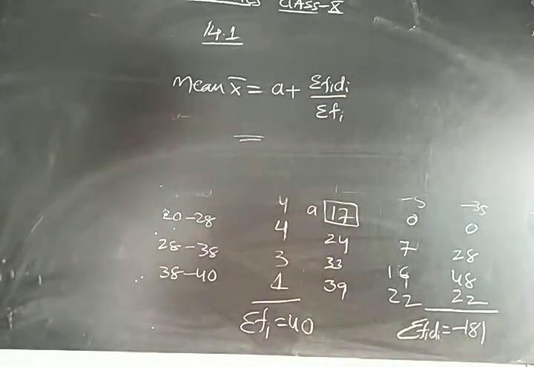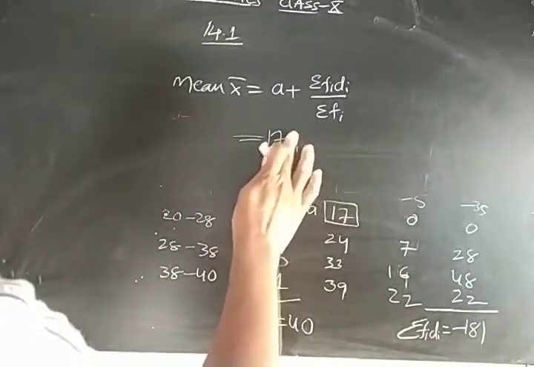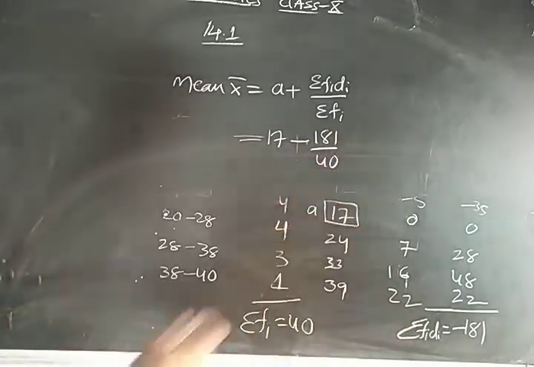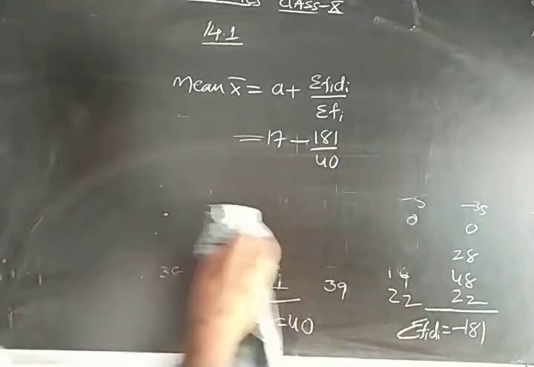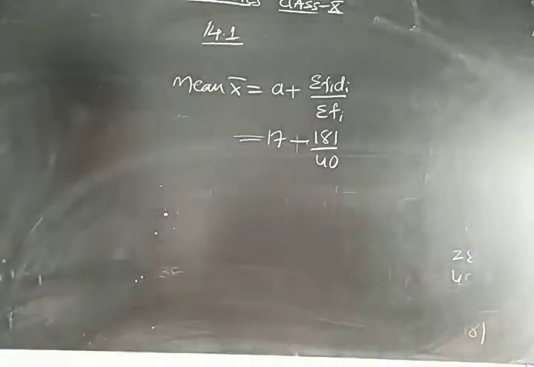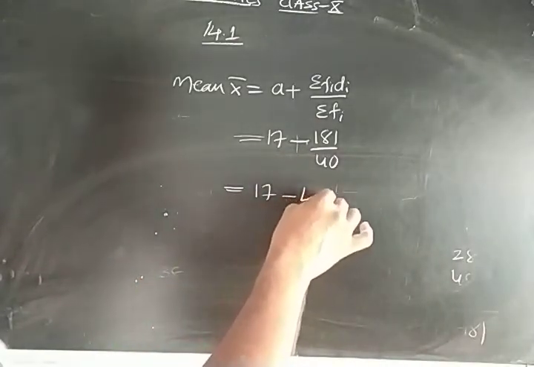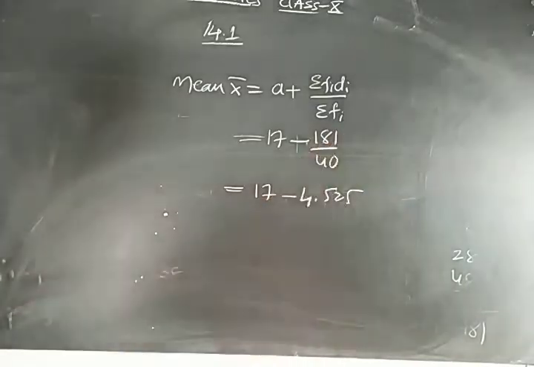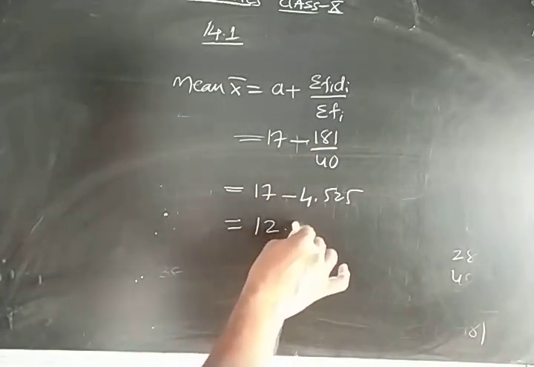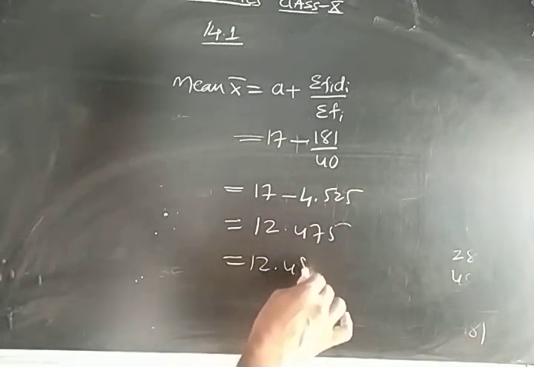Here A is 17, summation fidi is minus 181, summation fi is 40. By simplifying, if you divide 181 by 40, you will get 4.525. So 17 minus 4.525, by subtracting, you will get 12.475. So this you can write as 12.48.